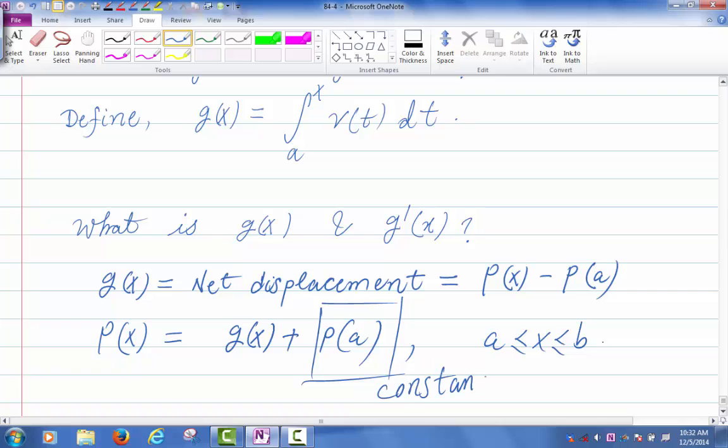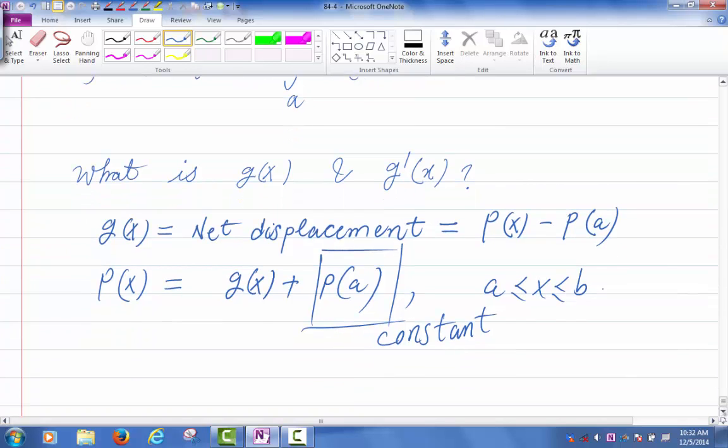So now someone give me an answer for what is g prime of x? Can you tell me what is the derivative of g? It should be very clear from the last line.